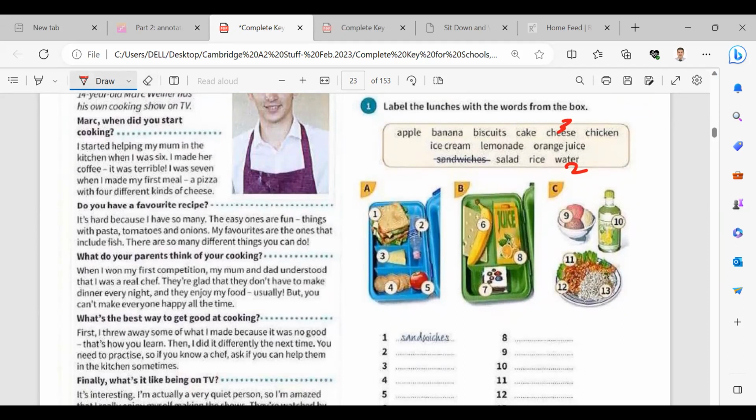What's 4? Biscuit. Biscuits, yes. What's 5? 5, apple. Yes, an apple. What's 6? 6, banana. What is 7? 7, cake, I think. Yes, cake, you're right. What's 8?